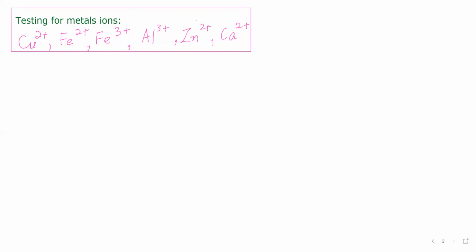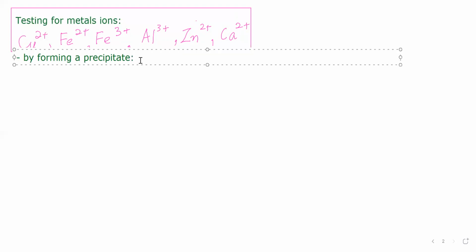As you know, we have already learned that there are two ways of identifying ions: by releasing a gas or by forming a precipitate. For these metal ions, we are going to follow the method of forming a precipitate. We will observe the color and see how the hydroxides of all these metals, which are insoluble, form.